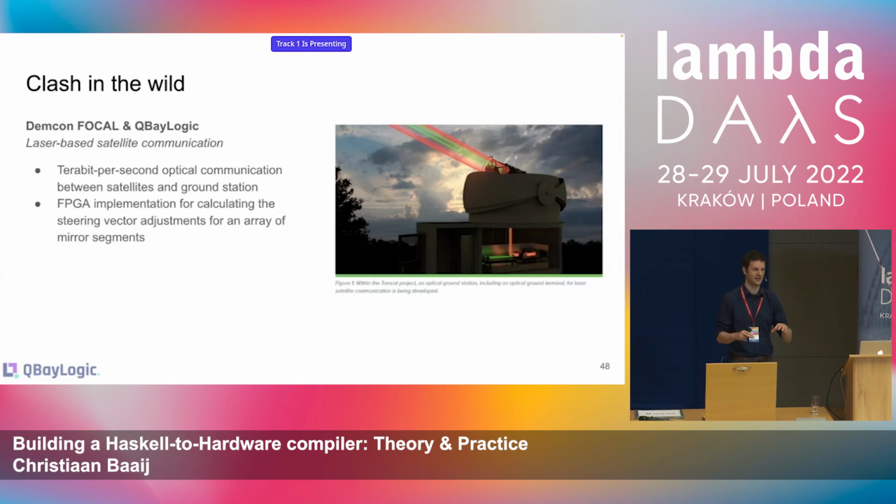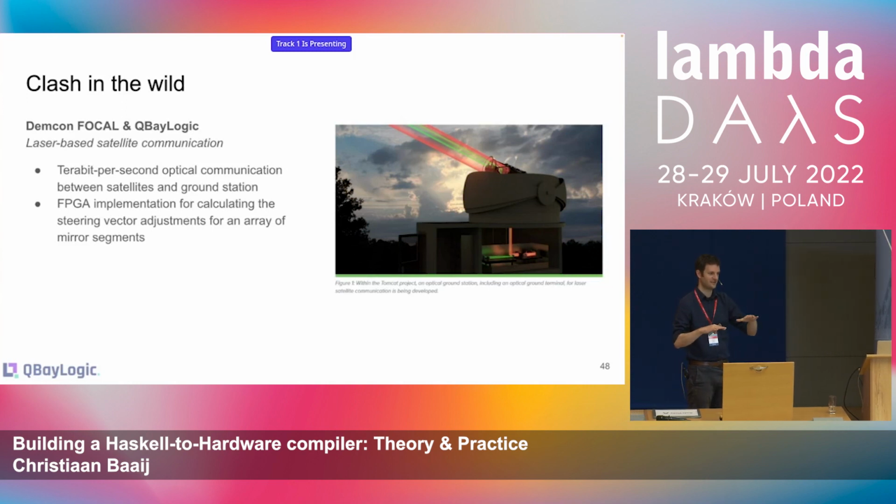So we have a reconfigurable chip, which is the FPGA, and we changed it in such a way that it behaves like the circuit that we wanted it to be. And that controlled all of the mirrors to achieve the terabit bandwidth.